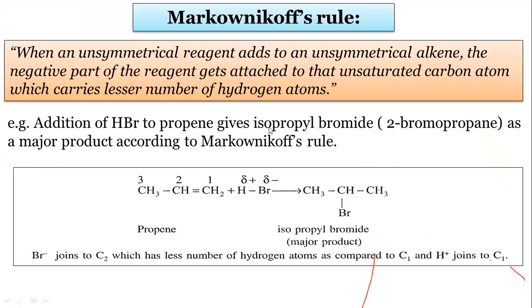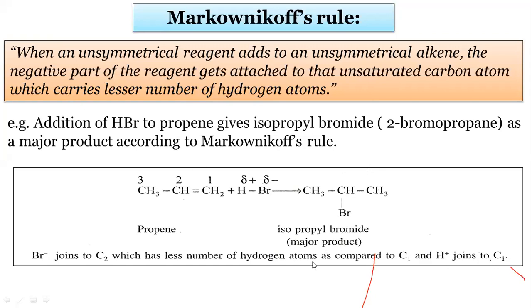When an unsymmetrical reagent adds to an unsymmetrical alkene, the negative part of the reagent, here bromine, Br delta minus, is attached to the unsaturated carbon which contains fewer hydrogen atoms. So the bromine will be added here, and this is the major product, isopropyl bromide.